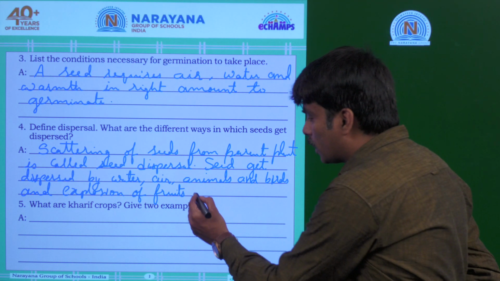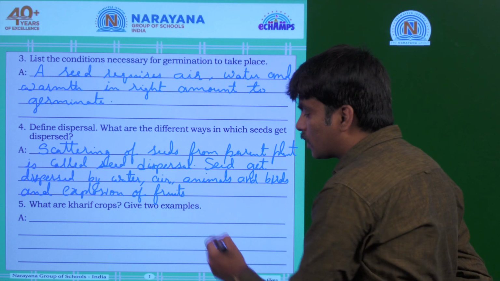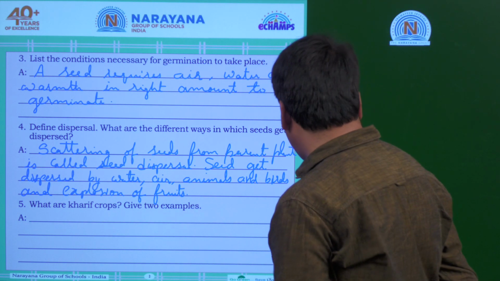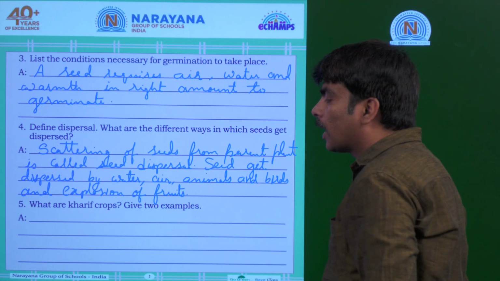Fruits get exploded and seeds get dispersed. Now coming to the last question, what are Kharif crops?